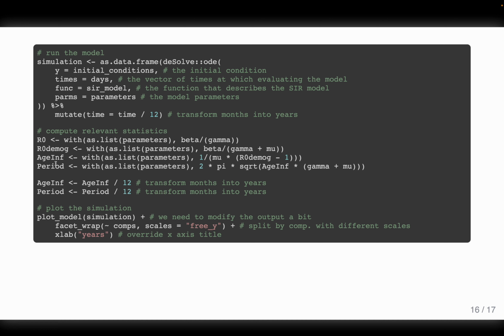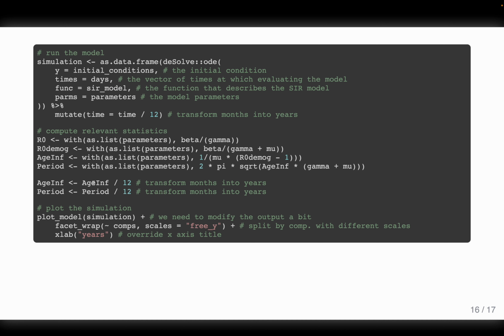And once we have the age of first infection, we can also estimate the periodicity of the oscillations in our population, which is 2 multiplied by pi, multiplied by the square root of the age of infection multiplied by the expected length of survival, which is 1 over gamma plus mu.